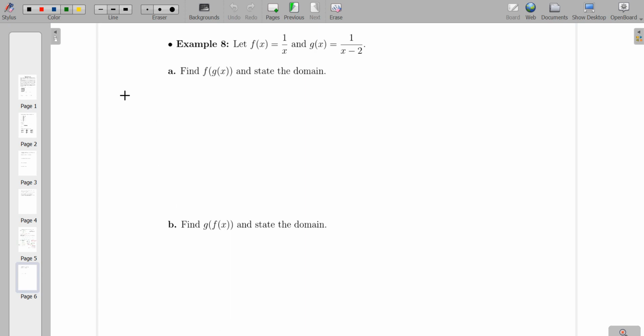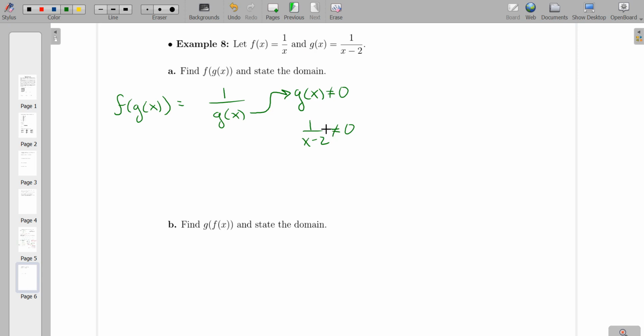All right, so first of all, for f of g of x, I am in f replacing x with g of x. So right off the bat, I can see I need to make sure that g of x is not equal to 0. And so that would mean 1 over x minus 2 is not equal to 0.